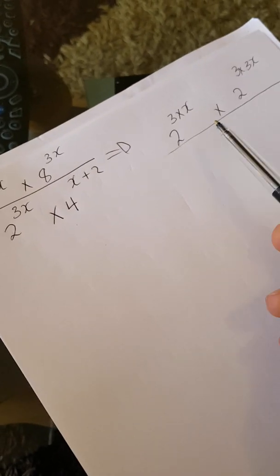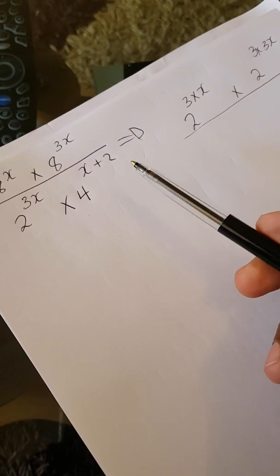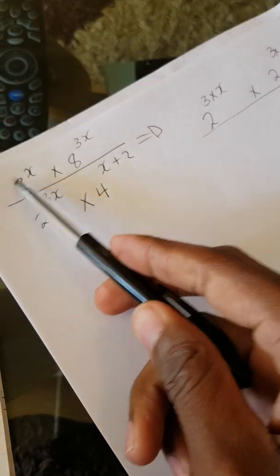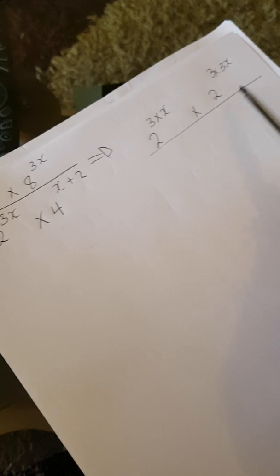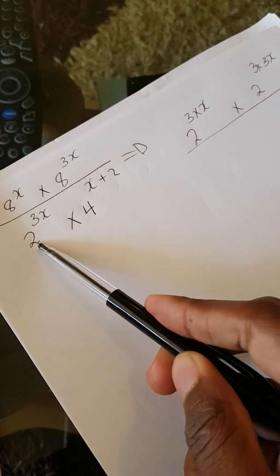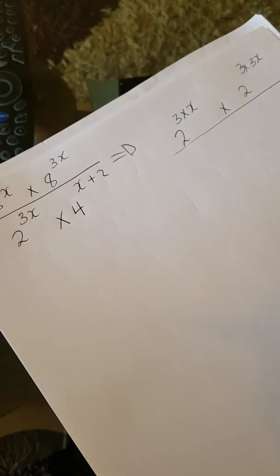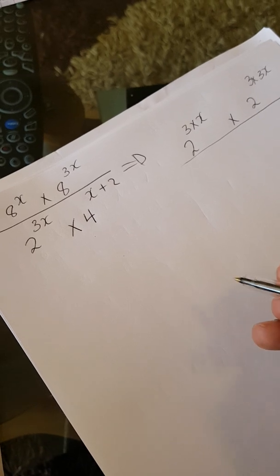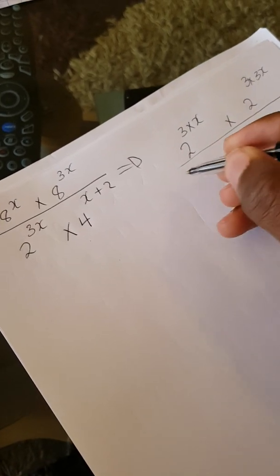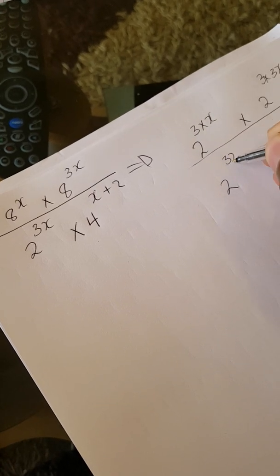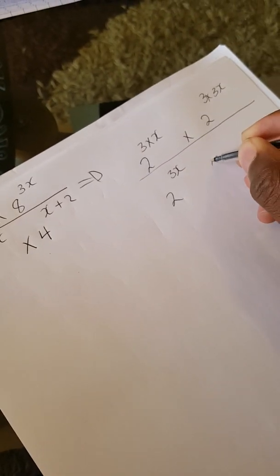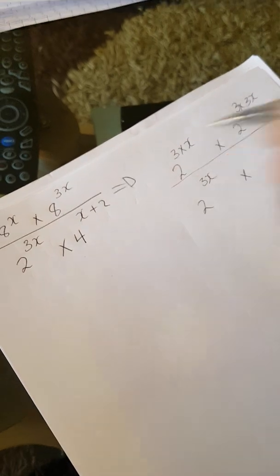So my aim here is to make sure that all the variables possess the similar base of 2, because 2 is the minimum base, so that we will be able to simplify them. So on the numerator, already here you have 2 to the power of 3x, so this one you don't have to change it, times here you have 4.